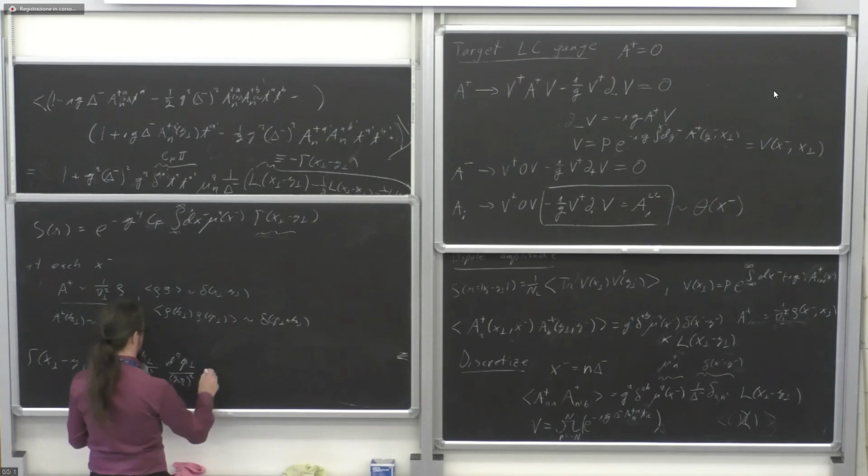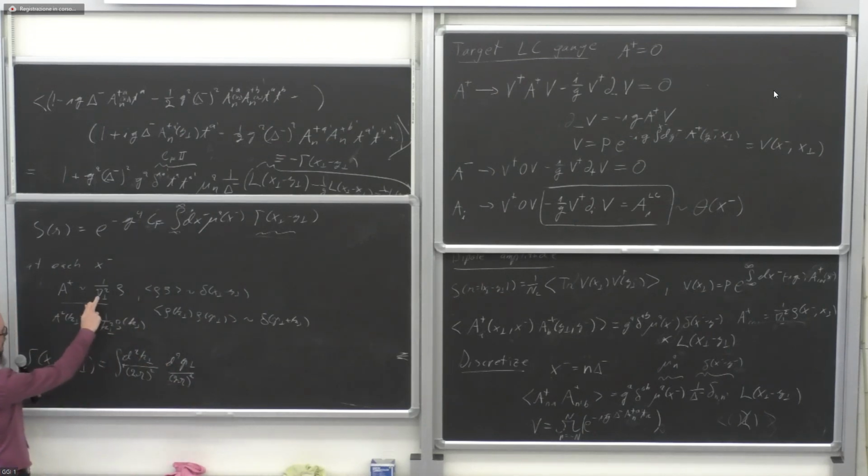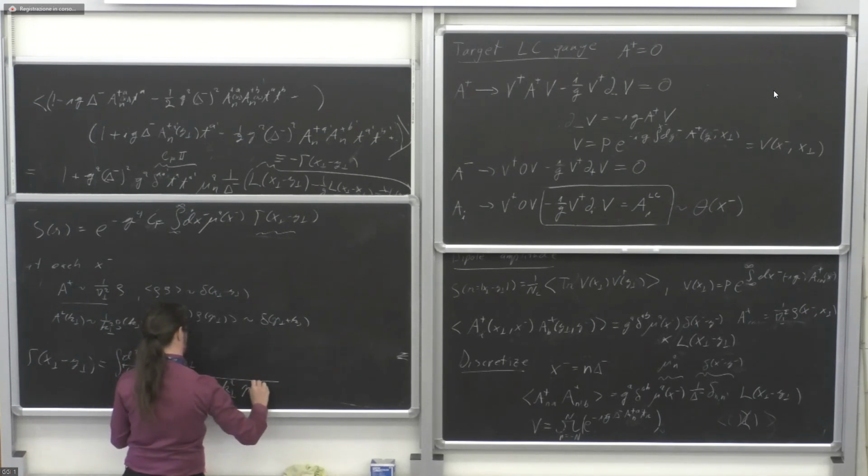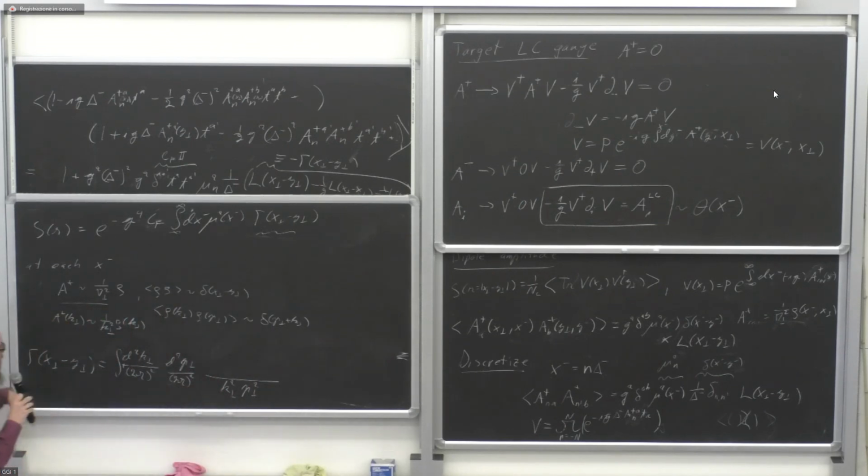And then I have these inverted Laplacians, so I have k perp squared and p perp squared. Then I'm doing the Fourier transform.